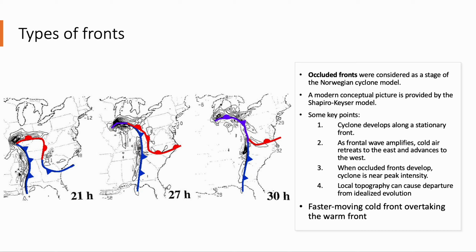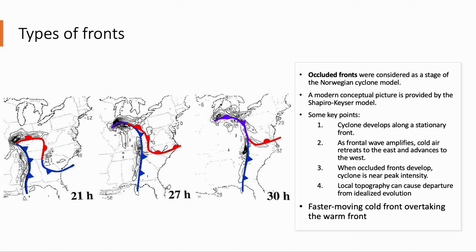And you see over here, there's a cyclone, there's a cold front, there's a warm front over here, and you see that the cold fronts typically move pretty fast, faster than warm fronts. This overtakes the warm front, and it causes this occluded area over here.